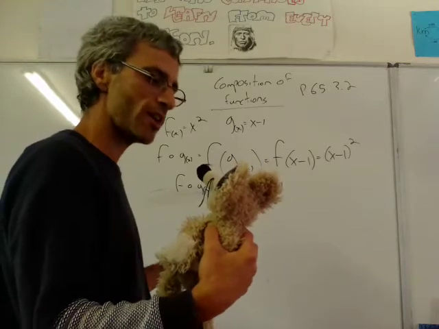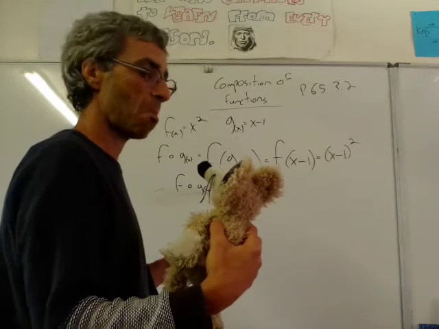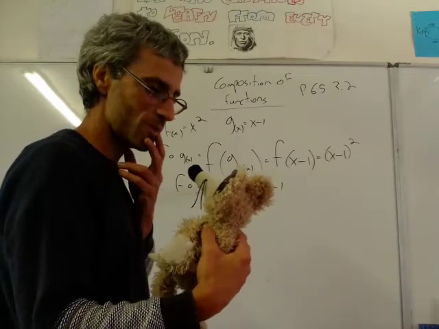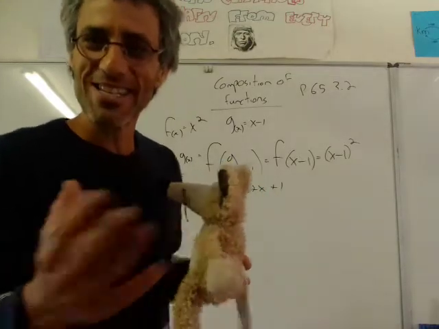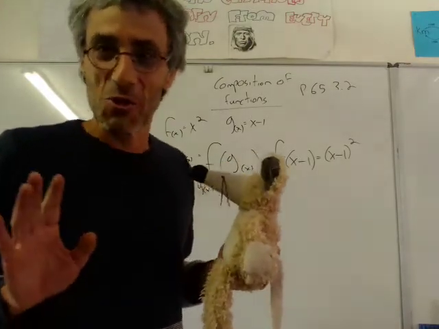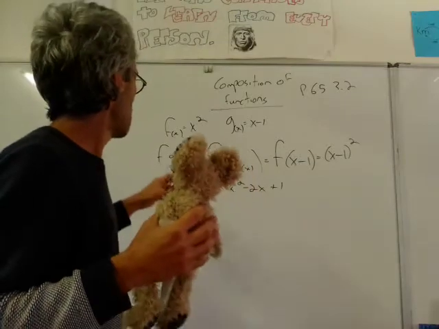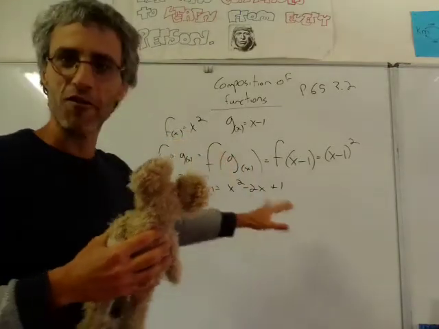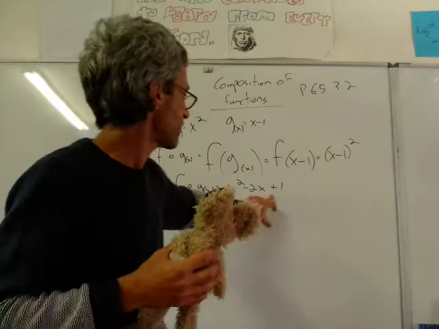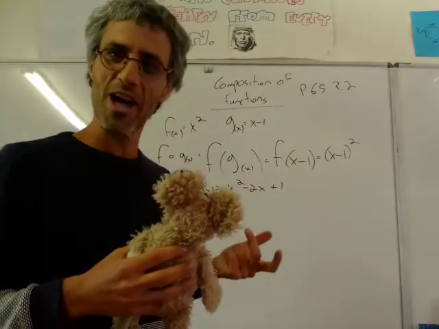So guys, he's just asking me a question. I don't really know the answer. He says, okay, we found f of g of x and we got that function. What about if we do the other way around?